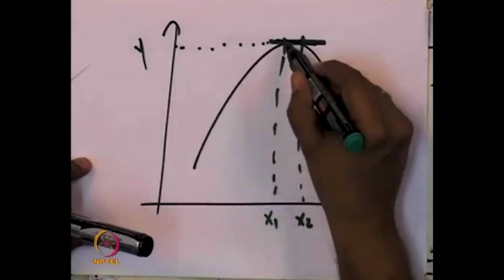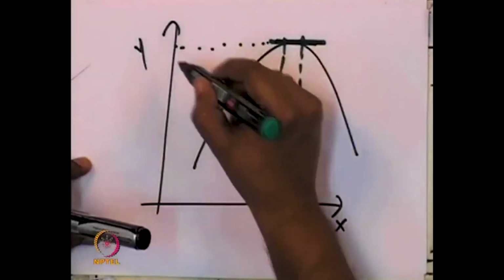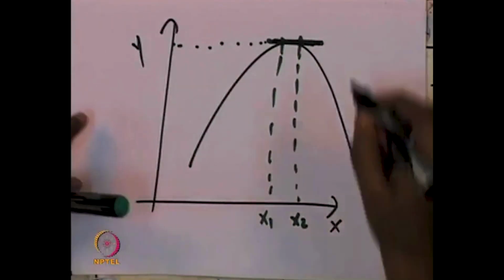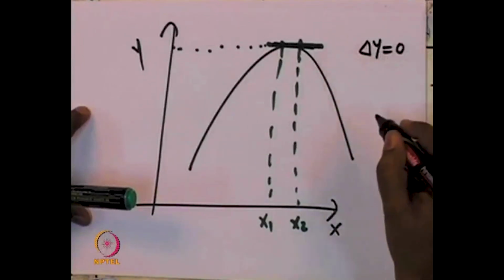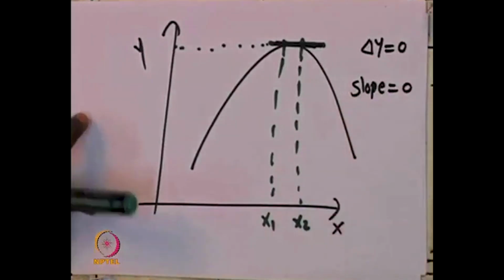For x 1 you get the same y, for x 2 you get the same y. So, what does this mean? This means that y 1 and y 2 are the same, that means y 2 minus y 1 is 0. So, delta y is 0, that means slope is 0.